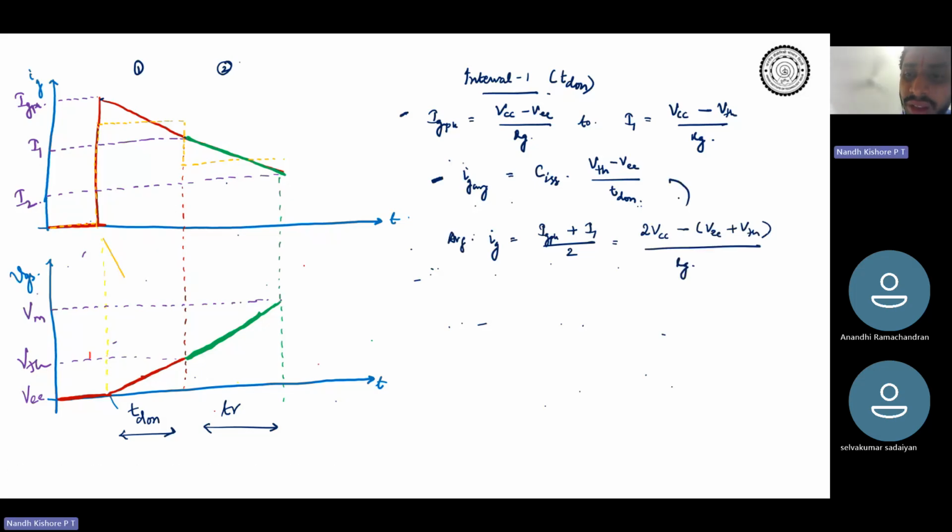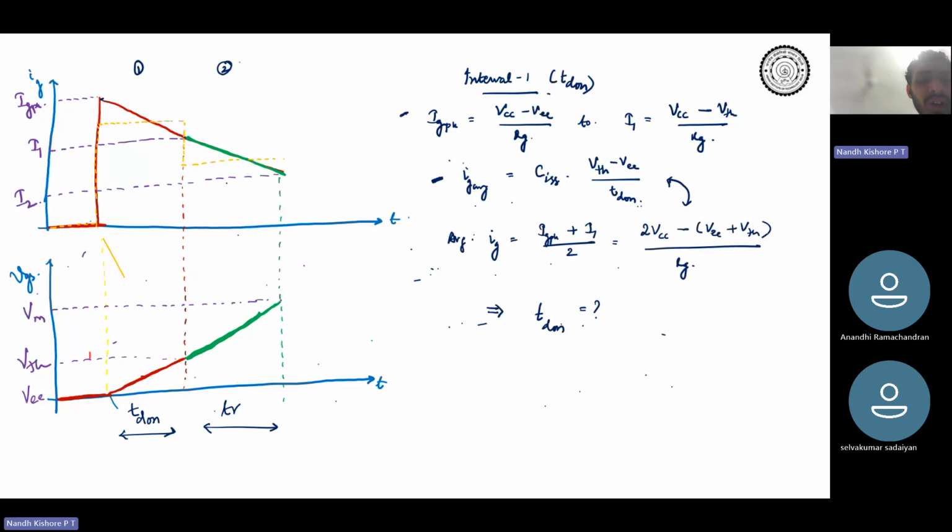So equate this with this equation. Therefore, you will get what is the turn on delay time. Okay, fine. Do you agree to this point?